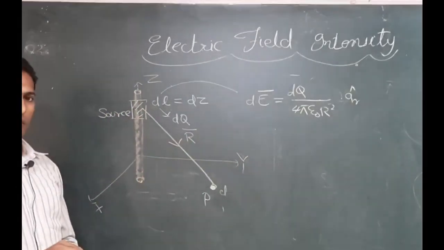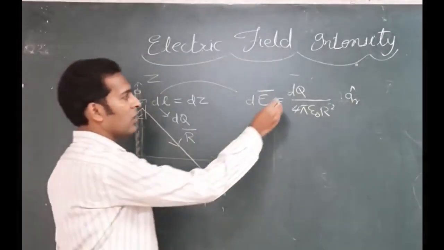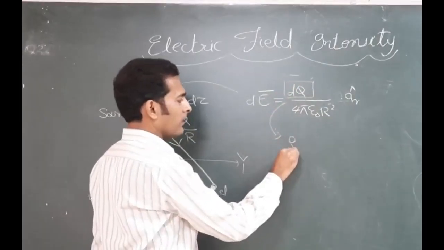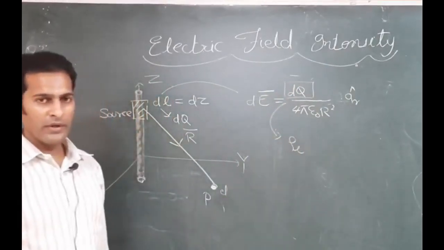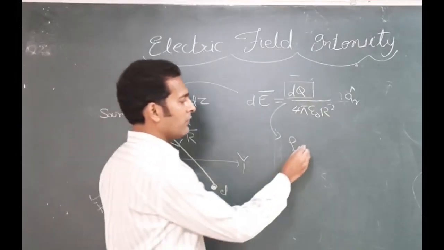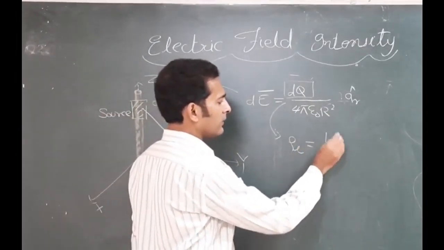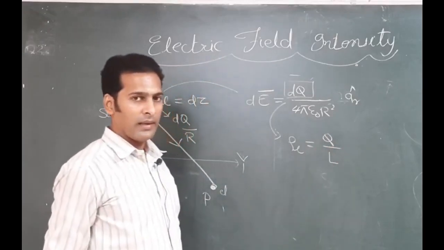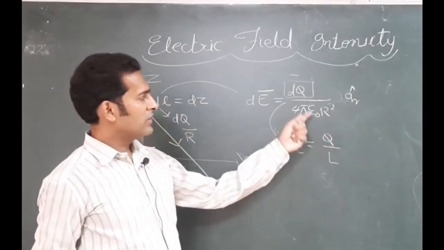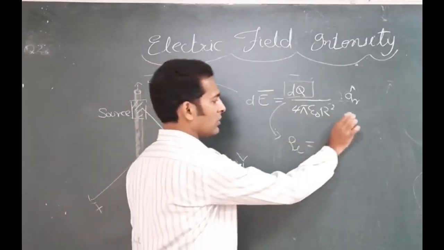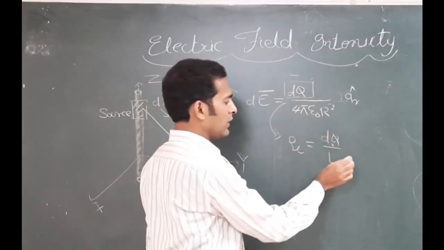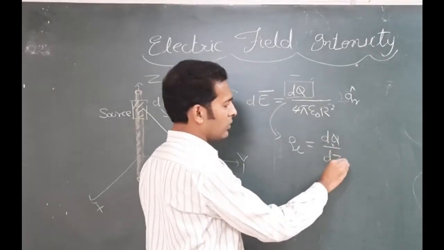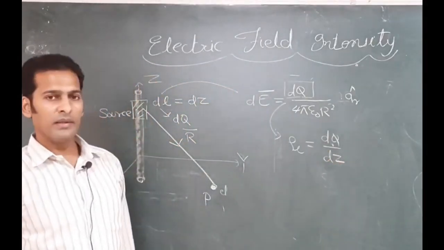So, for a line, what is the charge? Charge is not a single charge dq. Charge is rho L, as we have just discussed. The rho L formula is charge q per length L. Now, the charge is a differential charge, so we can write it as dq. The differential length is dl, which is again on the z axis, so we write it as dz.